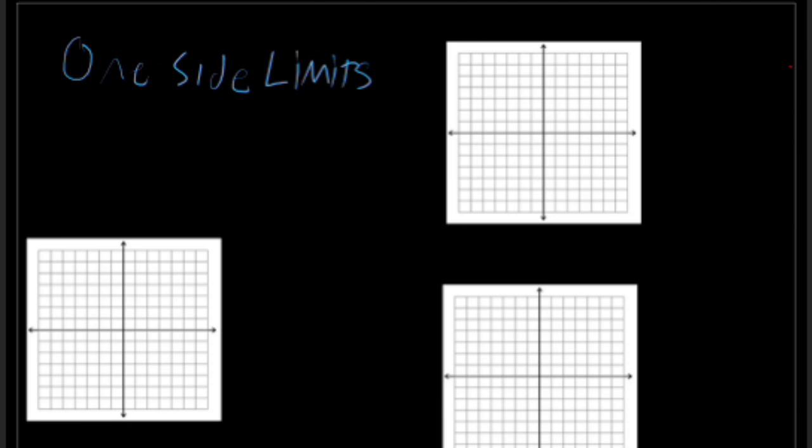How do we actually find these limits in practice? The first tool that we'll look at is graphs. When you're looking at a graph, you check the value the function approaches from the left side of a point, and then what it approaches from the right side. These are called one-sided limits.